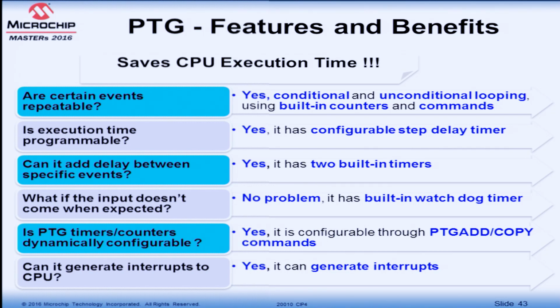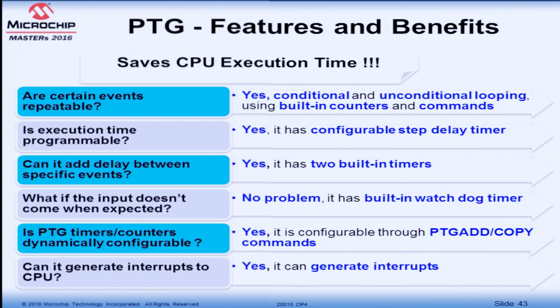Now, one of the main functions of the PTG is to wait for certain peripheral events or synchronize different peripheral events, but the first thing that comes to mind from a safety or robustness perspective is what happens if the peripheral event that it is waiting for never happens. The PTG does have a safeguard against that kind of deadlock scenario, because it has an inbuilt watchdog timer.